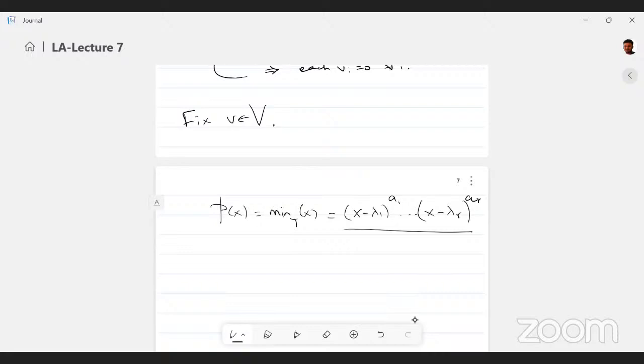Anyone, from this information? Only from this information. You can add 1 to this one. You can add 1. No, this is the product. X minus lambda 1 power a1, etc.